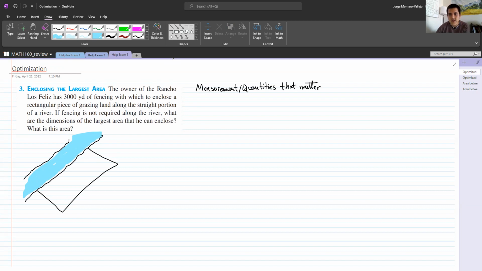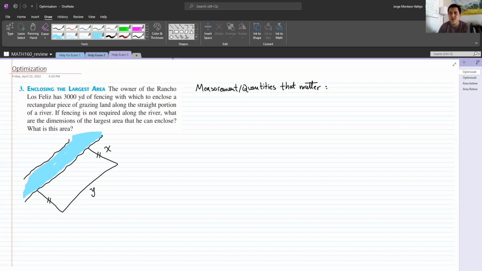Well, we are looking at a rectangle and we are looking at the largest area that we can enclose. Well, clearly, the measurements that matter here will come from the sides of the rectangle, right? We know that these two sides are equal, right? And then we have this other one, right? So we can choose two letters for them, right? We can choose X for here and then Y for here.